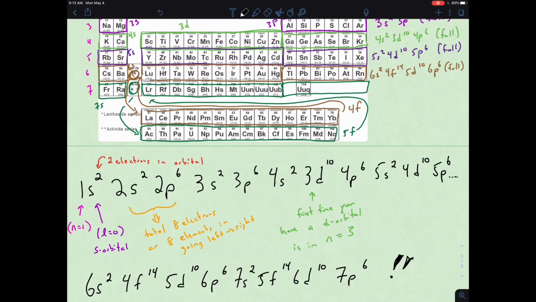And we are done then with that scenario. So at the very top here, we then have finally the 7s2, the 5f14, the 6d10, and the 7p6, and now we're full there.